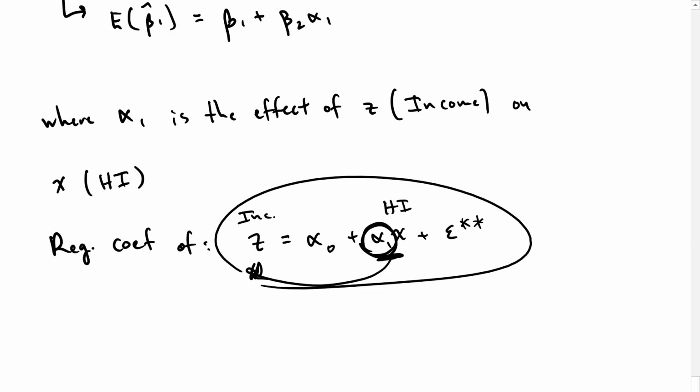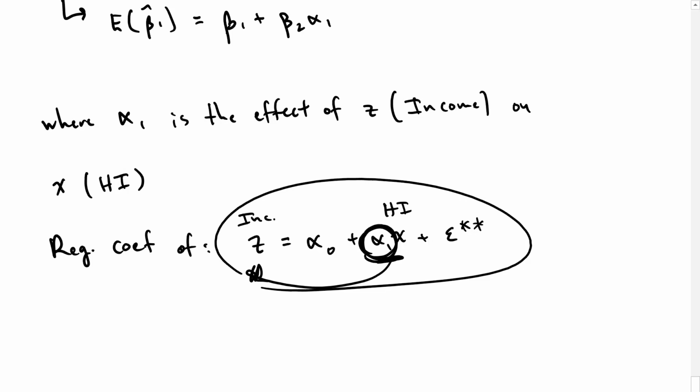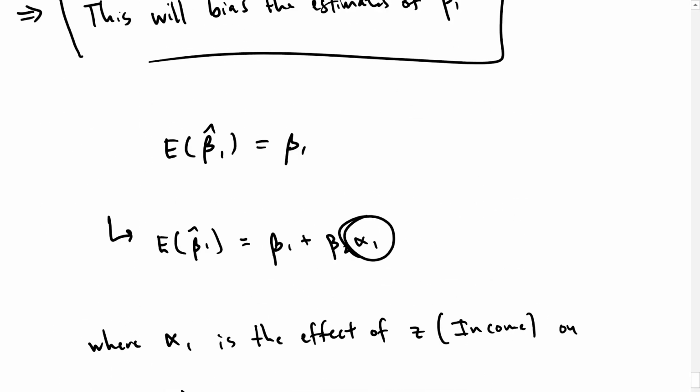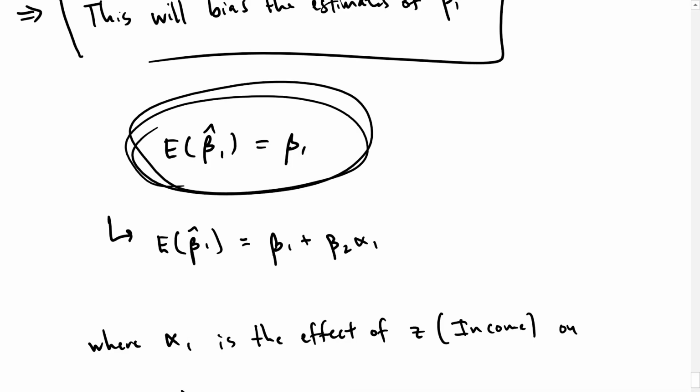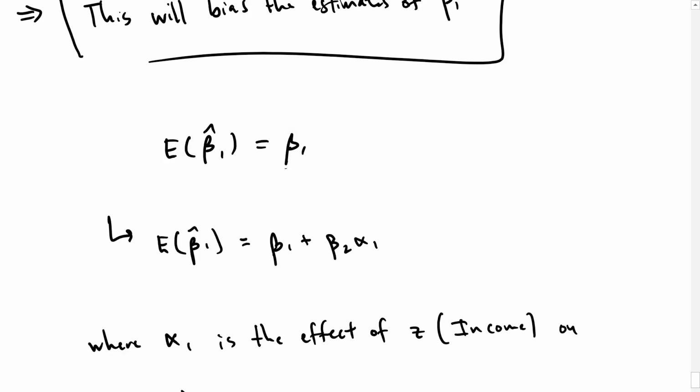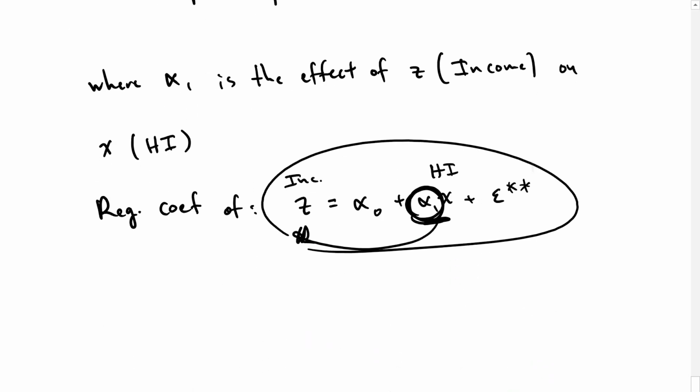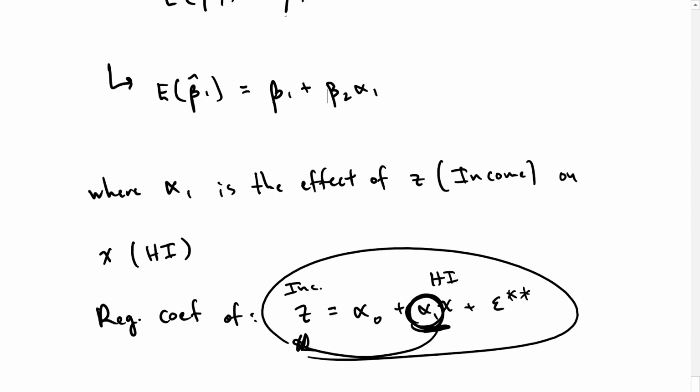That effect, alpha 1, is going to be captured inside the effect of the estimate of beta 1. So we want the estimate of beta 1 to be equal to the true value of beta 1. But it's not. It's going to be equal to beta 1 plus beta 2 times this extra effect of x on z. And so that's the kind of underlying theory about what's happening and kind of why it's important.